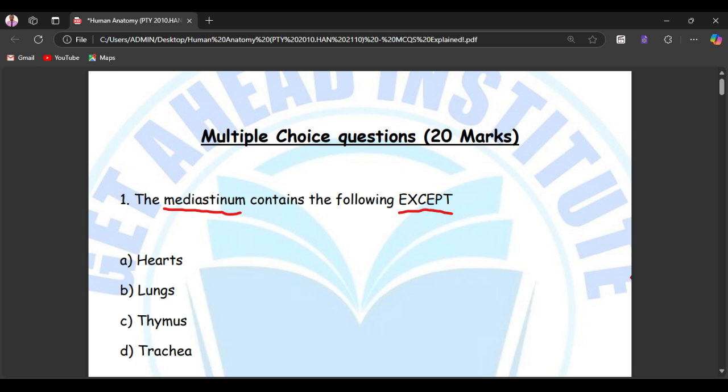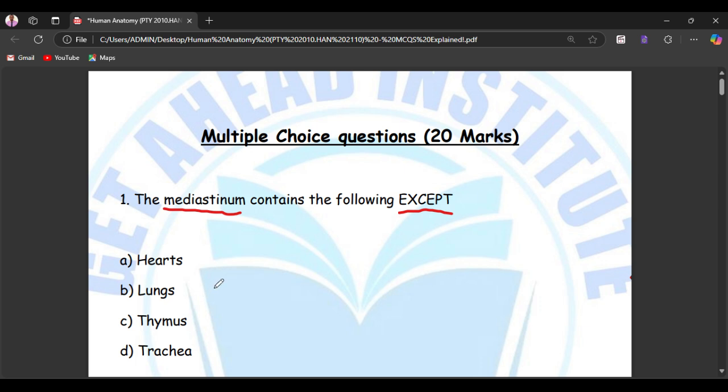To start with, you need to understand that the mediastinum is firstly divided into the superior mediastinum and the inferior mediastinum. Then the inferior mediastinum is further subdivided into anterior mediastinum, middle mediastinum, and the posterior mediastinum.